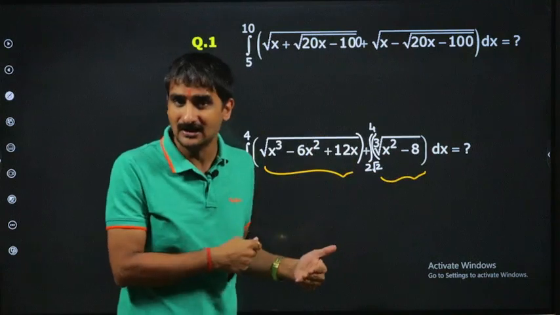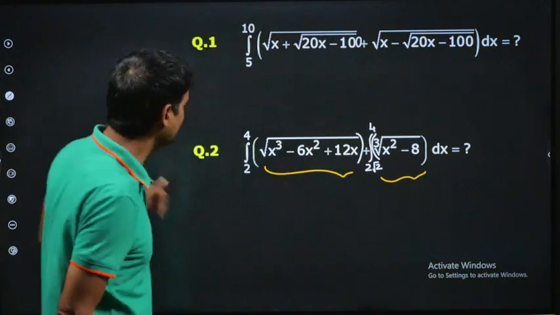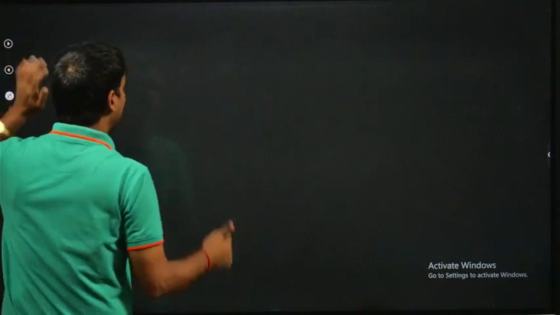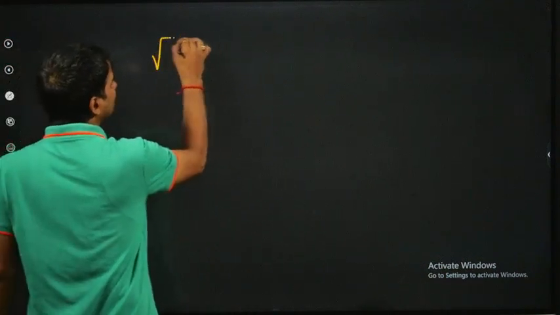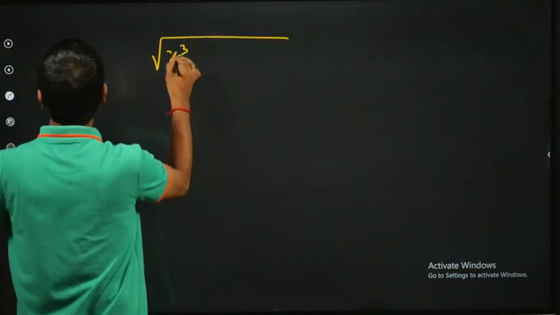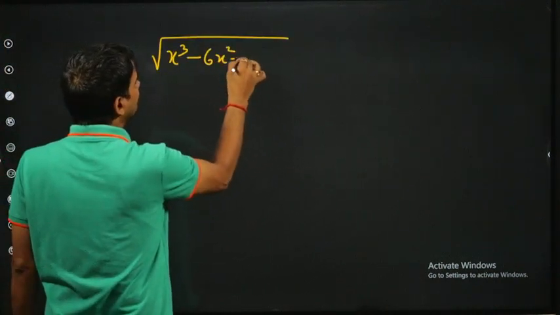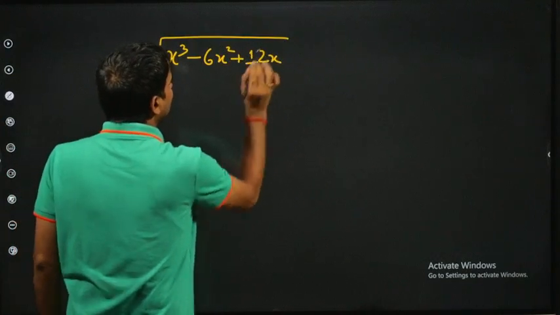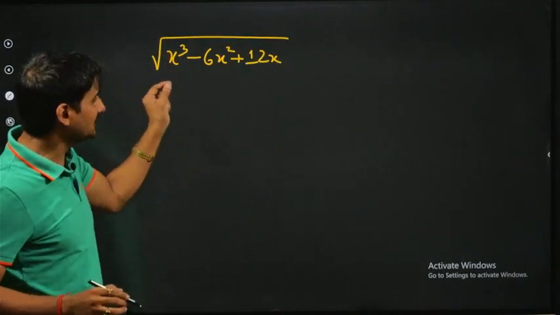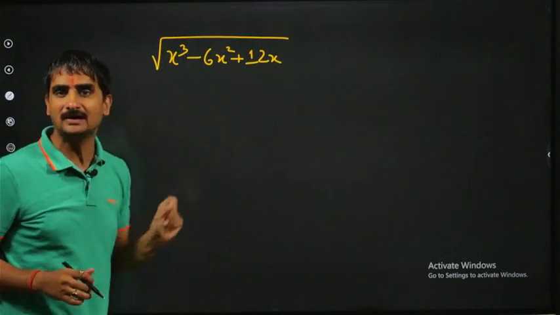Let's see if they are, or we need to manipulate something. So let's start with the first expression, which is under root of x cube minus 6x square plus 12x. Now see, isn't it moving towards the perfect cube?